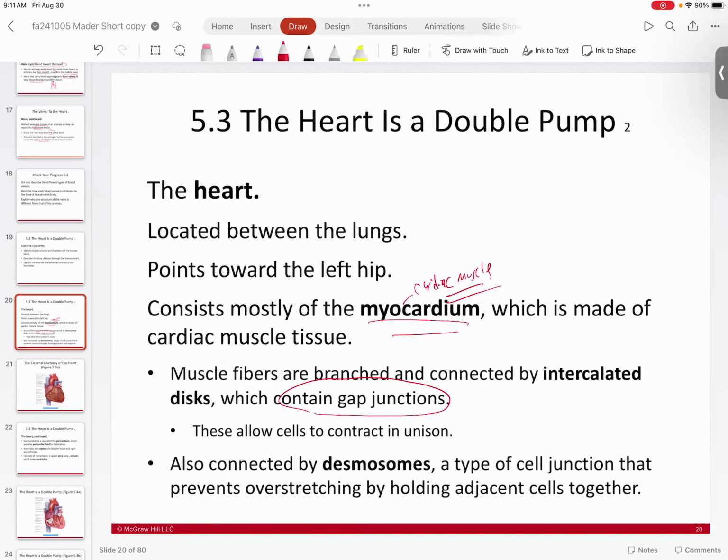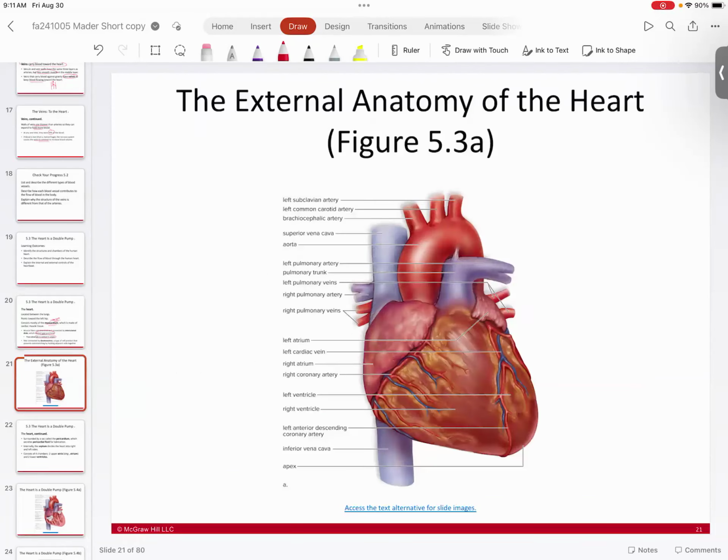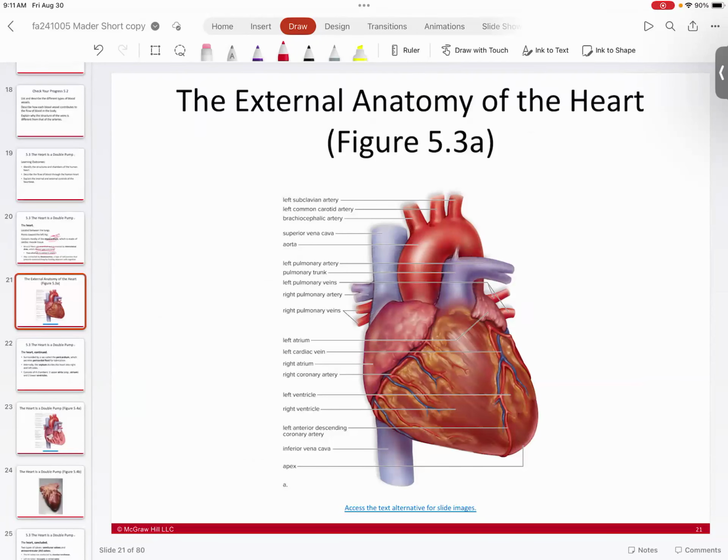And the reason is so that the cells can contract in unison. The heart has to contract all at once so that you can get a good, powerful pump and blast that blood out of the heart and get all the way to the tips of your toes, because it's got to go a long ways. So typically speaking, these heart cells are connected by connections called desmosomes, which are a type of adhesion junction. So here's kind of what it looks like.